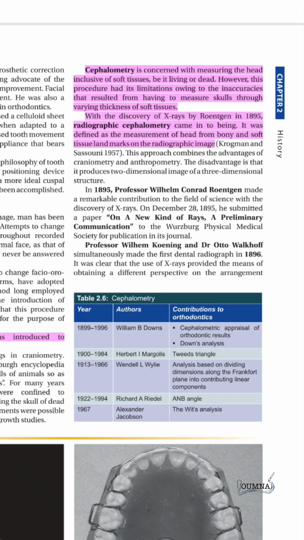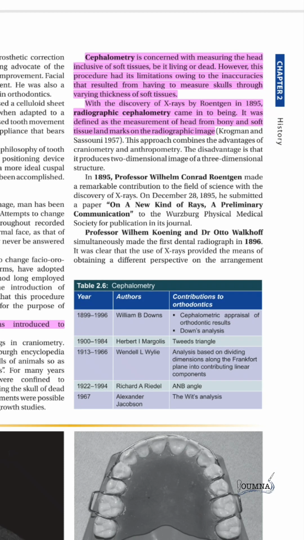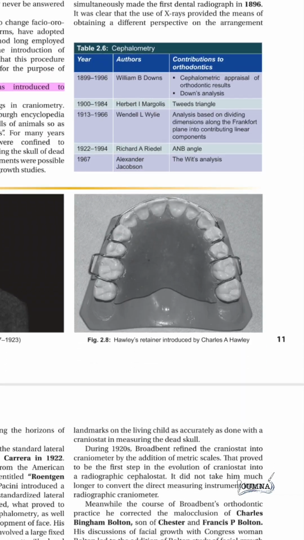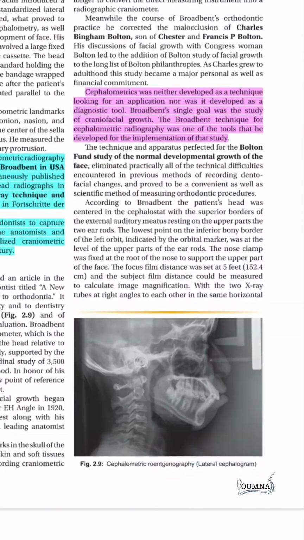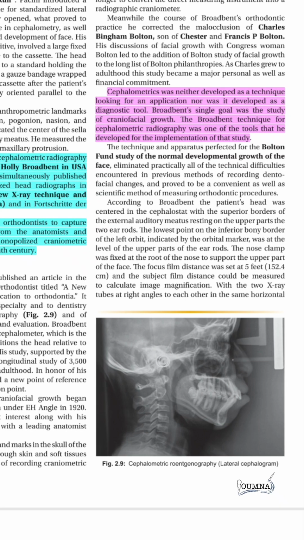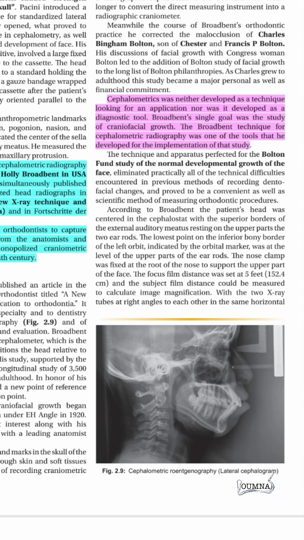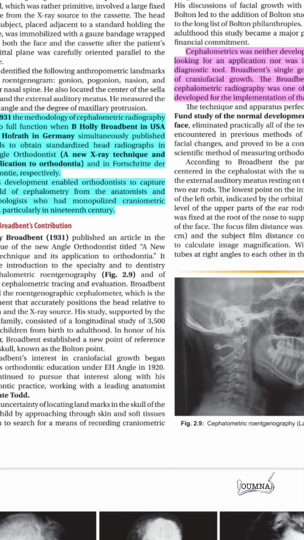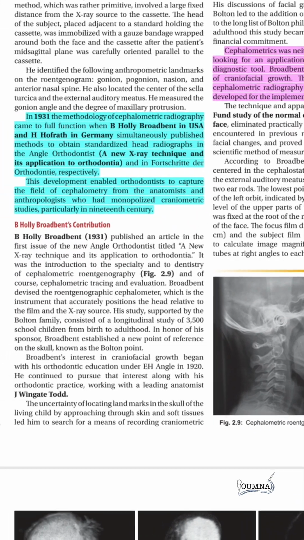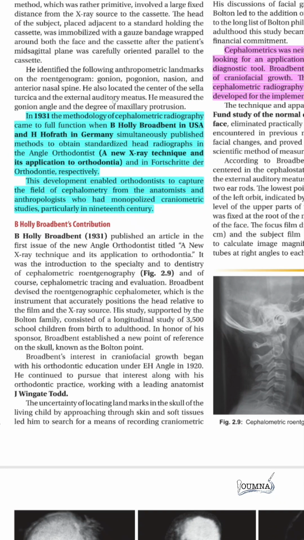But when radiography emerged in 1895, it was suggested that we take cephalometric images of the skull. However, it did not enter as a tool for diagnosis until 1930, by someone in the USA called Broadbent, and in Germany, Hofrath.